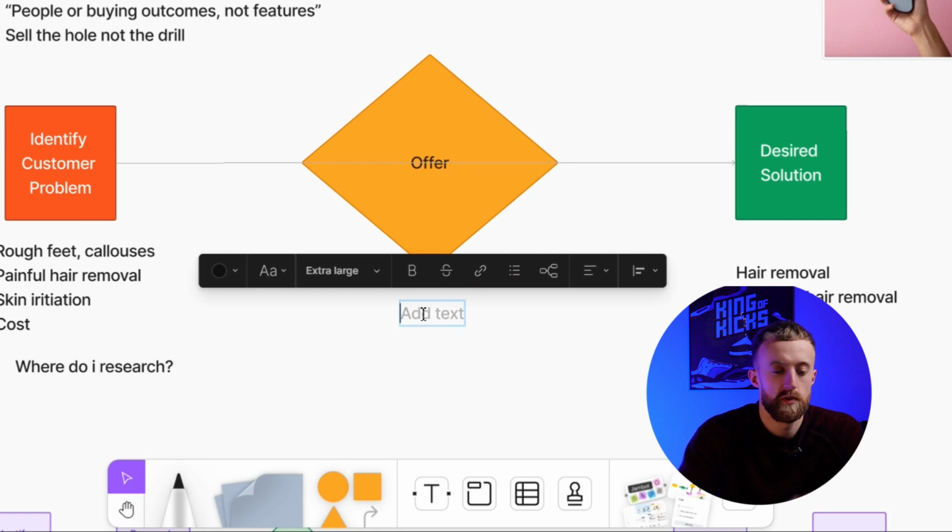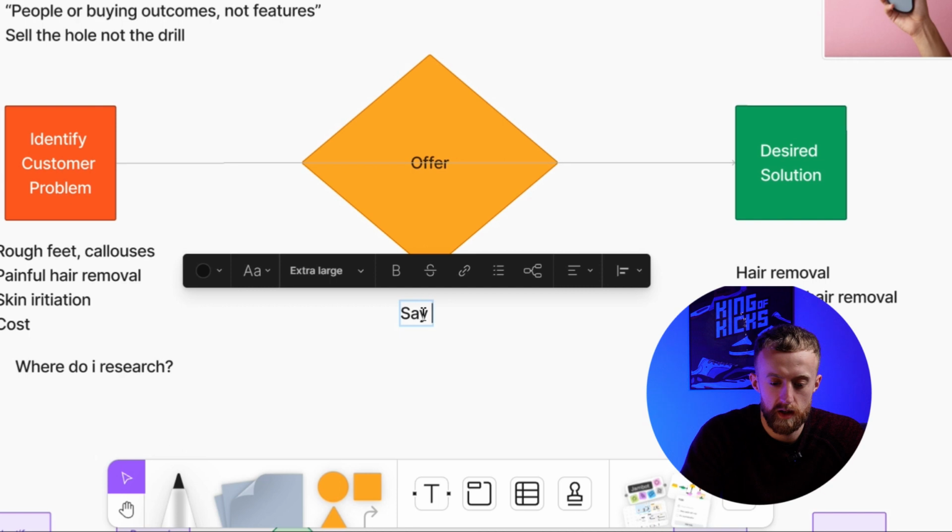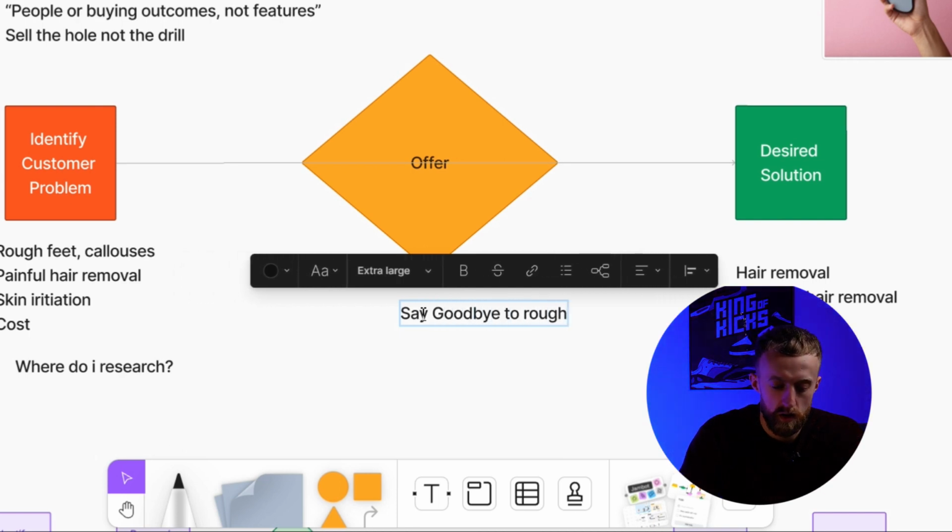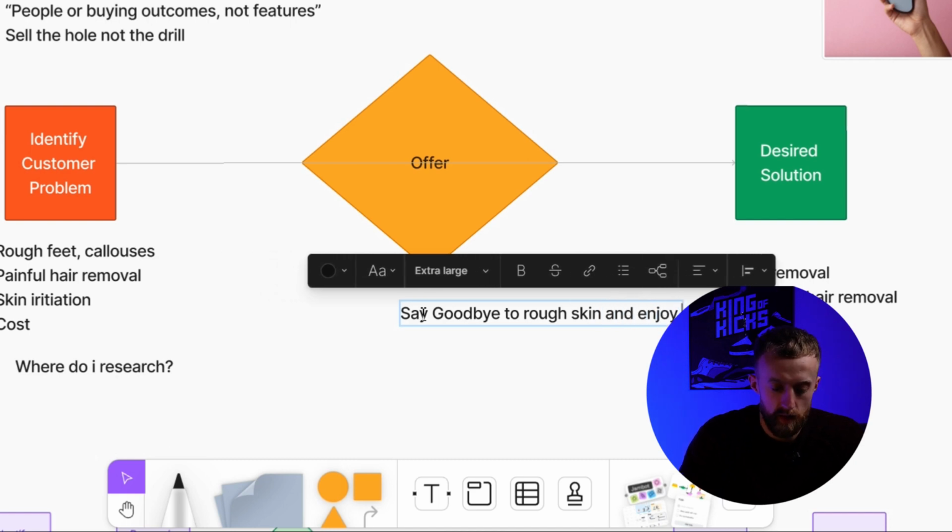So if we're seeing rough feet, calluses, that's one of the problems that customers have. We could put, say goodbye to rough skin and enjoy callus-free skin removal.